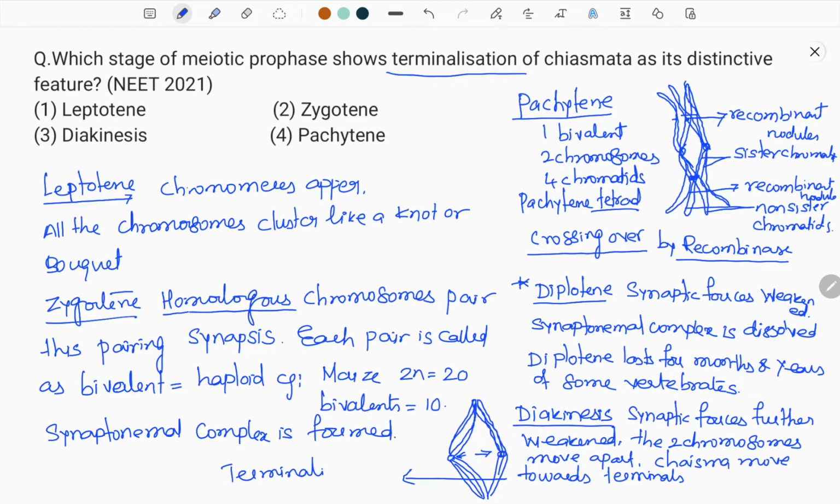See, the terminals are called telomeres. We know the ends of chromosomes are called telomeres. So chiasmata moving towards telomeric ends is called terminalization.